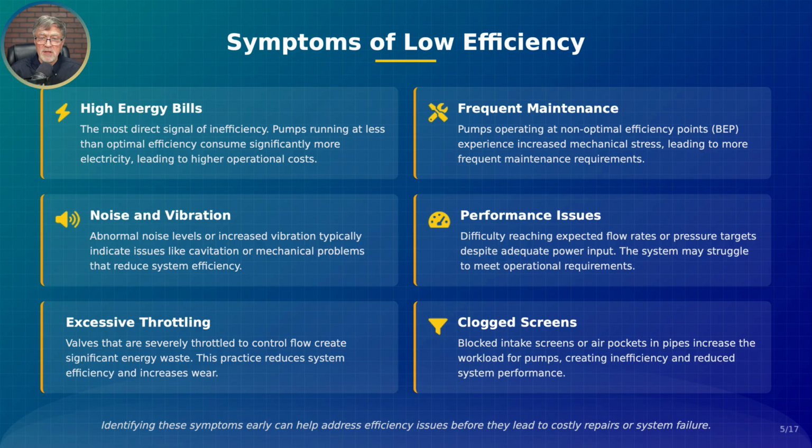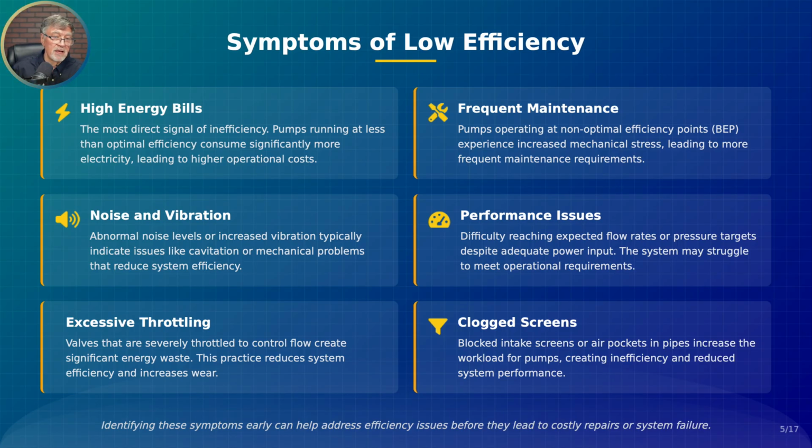The frequency of maintenance. Pumps operating at non-optimal efficiency points are going to have more mechanical stress, and that's going to lead to more frequent maintenance on those pumps. And that is going to cost you money and downtime. Noise and vibration: pumps that aren't optimally maintained are going to be noisy. They're going to create vibration.